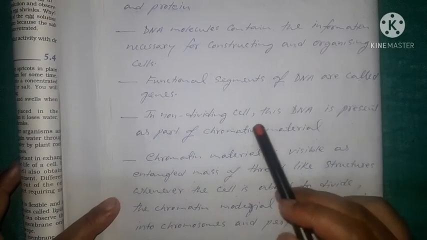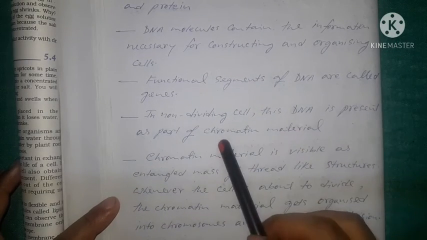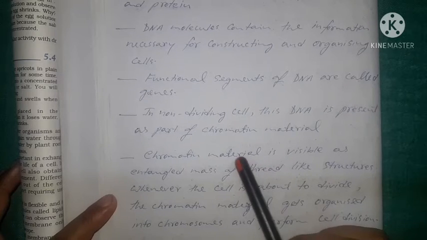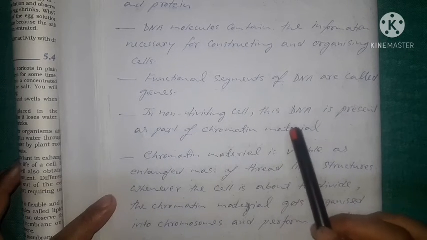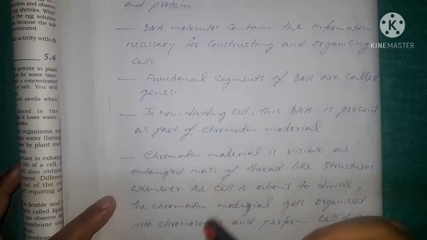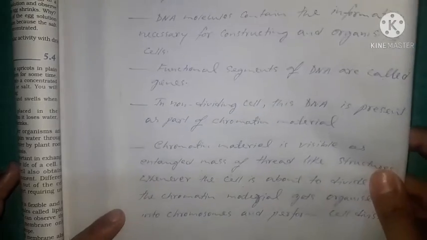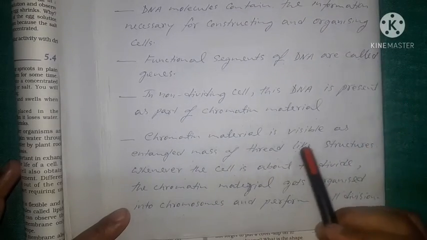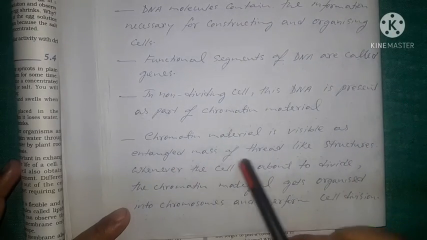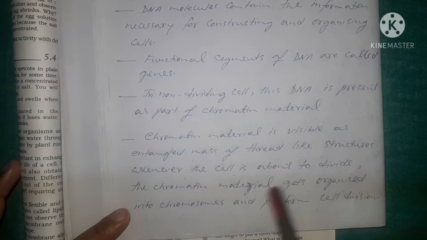In a non-dividing cell, the DNA is present as part of chromatin material. Chromatin material is visible as an entangled mass of thread-like structures, as we can see in the pictures.